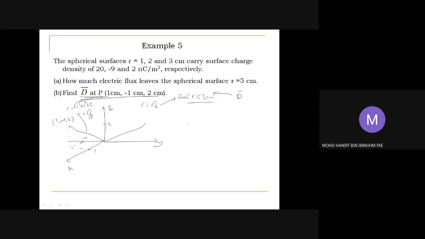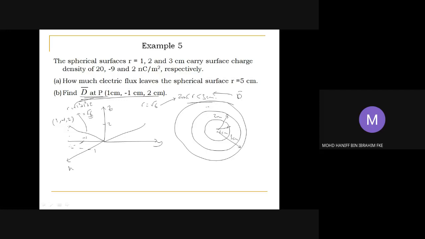So for this, let us proceed with Gauss law. Let us sketch the spheres first: that should be our 1 cm, our 2 cm, and our 3 cm sphere. Our interest is between 2 and 3, because this is the position of interest.